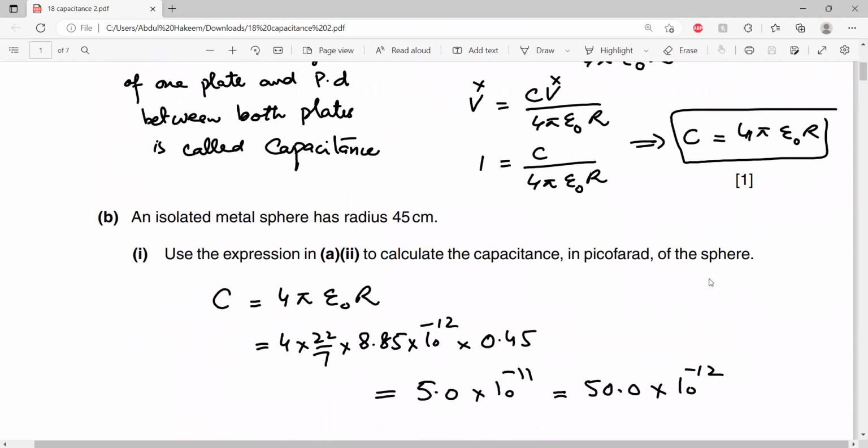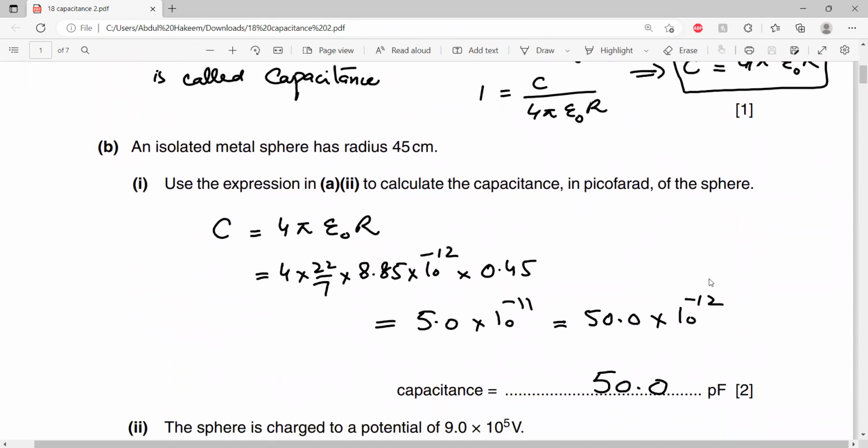Next: an isolated metal sphere has a radius of 45 centimeter. Use the expression to calculate the capacitance in picofarad of the sphere. So the sphere capacitance is 4 pi epsilon naught R. 4 pi is 22 by 7.